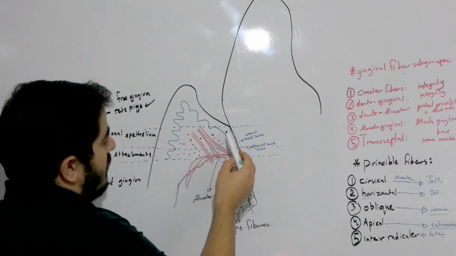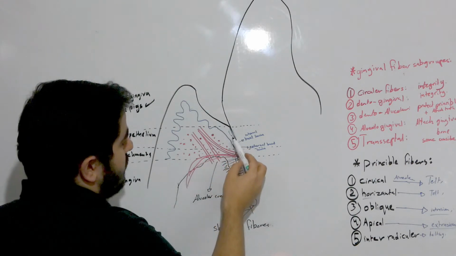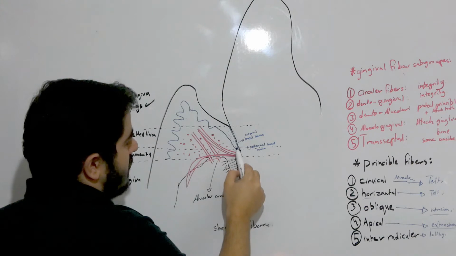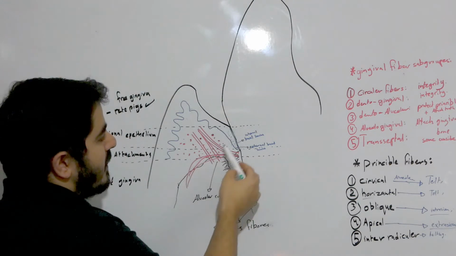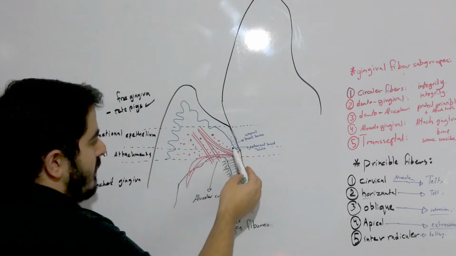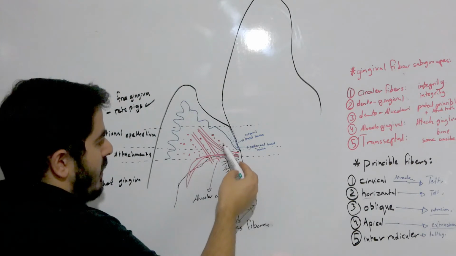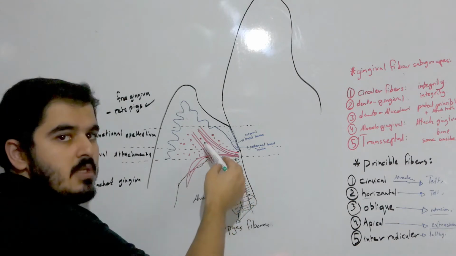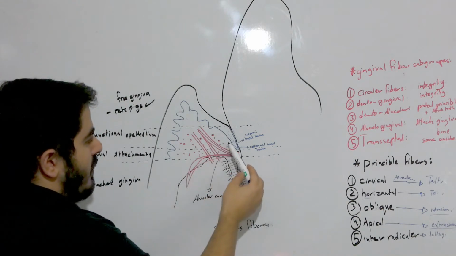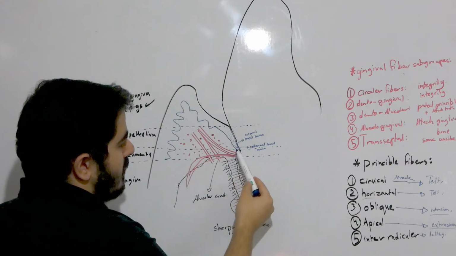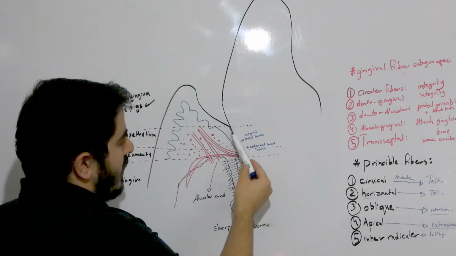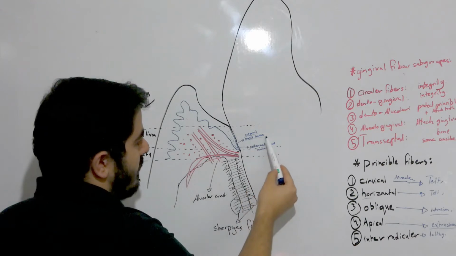But here we have epithelial cells, and these epithelial cells are different in that they have two basal laminas. We have here the basement membrane, and underneath it is the lamina propria. On the tooth side, the basal lamina is continuous and is called the internal basal lamina.